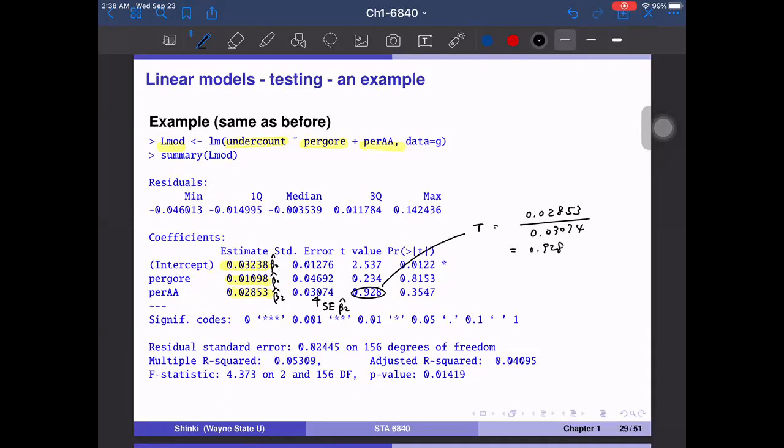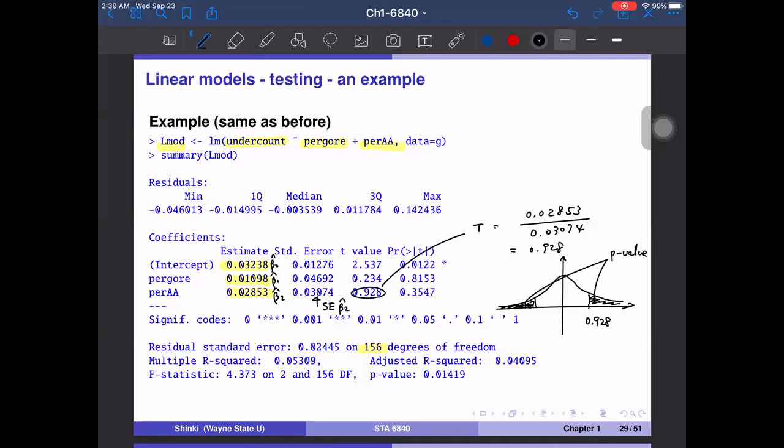Then if we think about the t distribution with degrees of freedom n minus p, which is 165 here, the degrees of freedom is pretty high, so it's almost normal. If we think about 0.928, the p-value is defined by the total of these two areas. So these are the p-value.